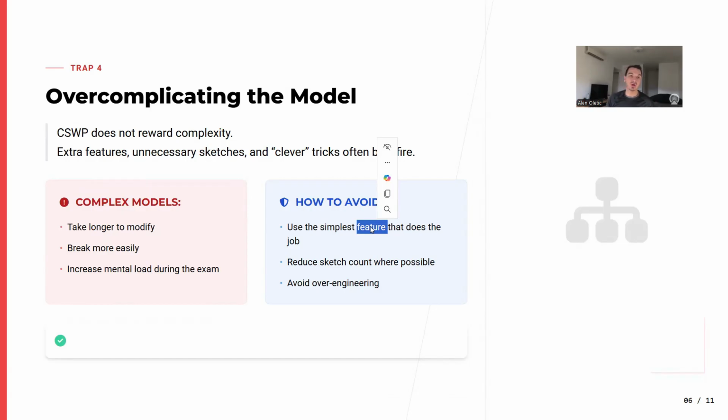Usually it will be extrude boss base, revolve, or one of these two features. Then reduce sketch count where possible, okay? Don't create a lot of sketches if there is no need for that. And also avoid over-engineering. That's why it's very important that already in your head, before you start in SolidWorks, you have a plan. So this is trap number four, overcomplicating the model.